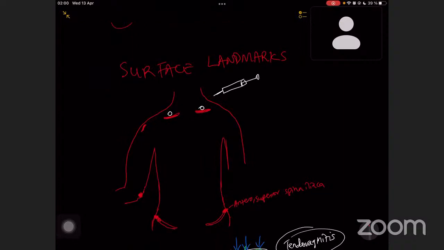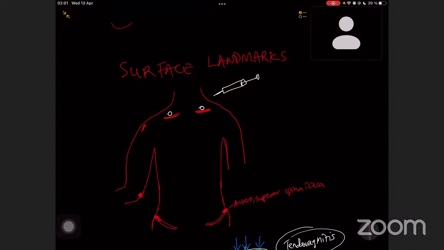Surface markings, they describe for us the locations of anatomical structures in relation to or marked on the skin, determined by palpation. So in surface landmarks, we're looking at the location of the organ when we palpate.